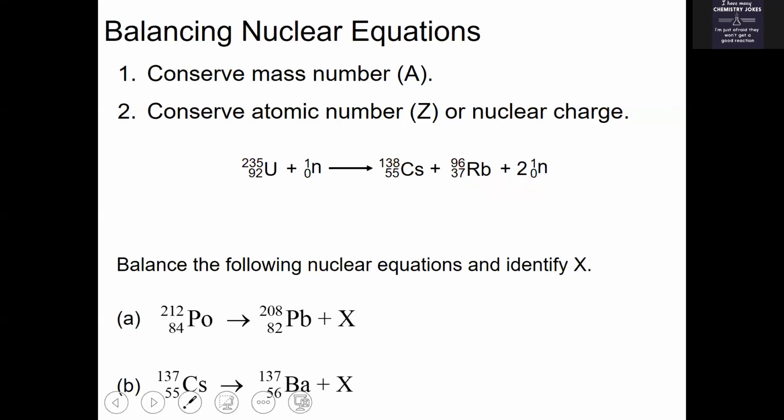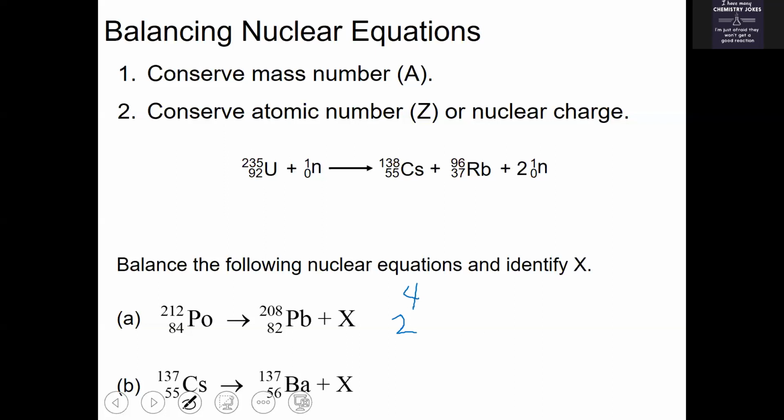So it's common to be asked questions like this, where you have to identify what the unknown is on one side or the other of an equation. So if I start with mass number, that's the top number, first, what's missing on the top? How many protons and neutrons are missing? Hopefully you said 4 protons and neutrons are missing from the top. How many are missing on the bottom? 2.